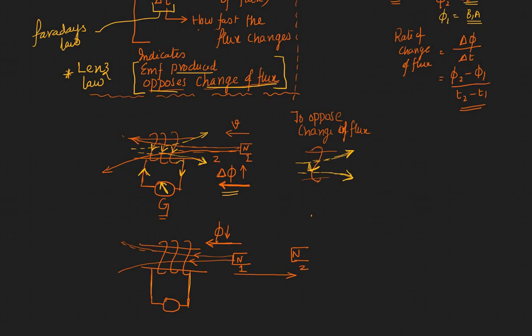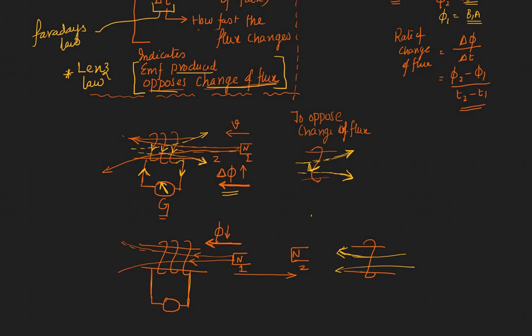So the flux lines will continue to be directed towards the left, but you will see the flux lines through the coil are reduced. Now to oppose that change, that it is being reduced towards the left, the coil would want to have more flux towards the left side so that it can oppose that decrease of flux lines.